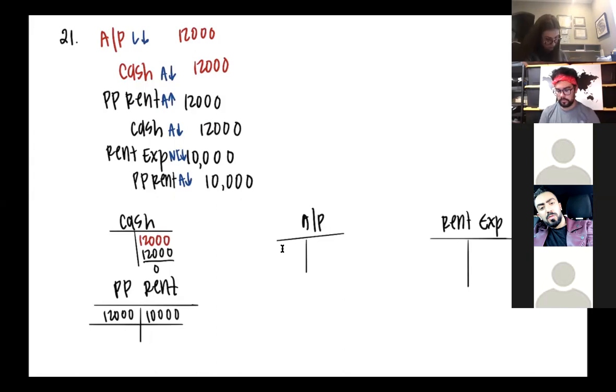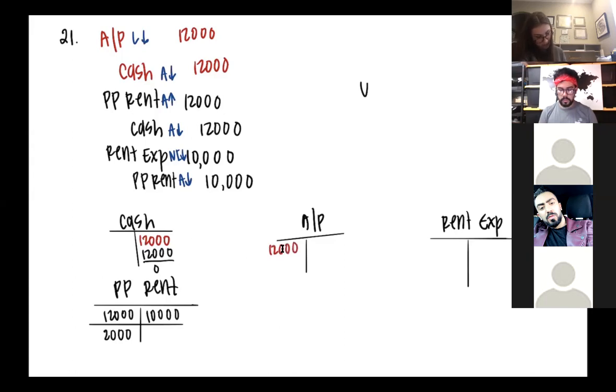So it means they understated their prepaid rent. They understated their assets. Yeah, good. And then AP is debited by 12,000, right? Mm-hmm.